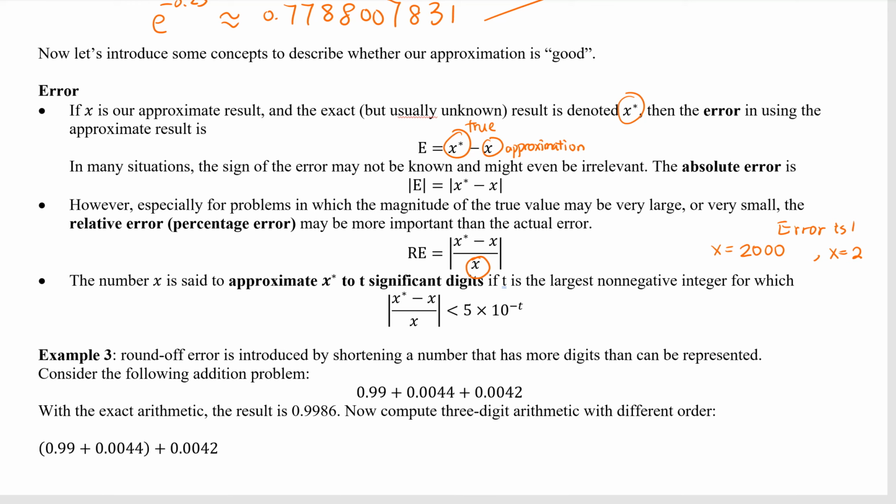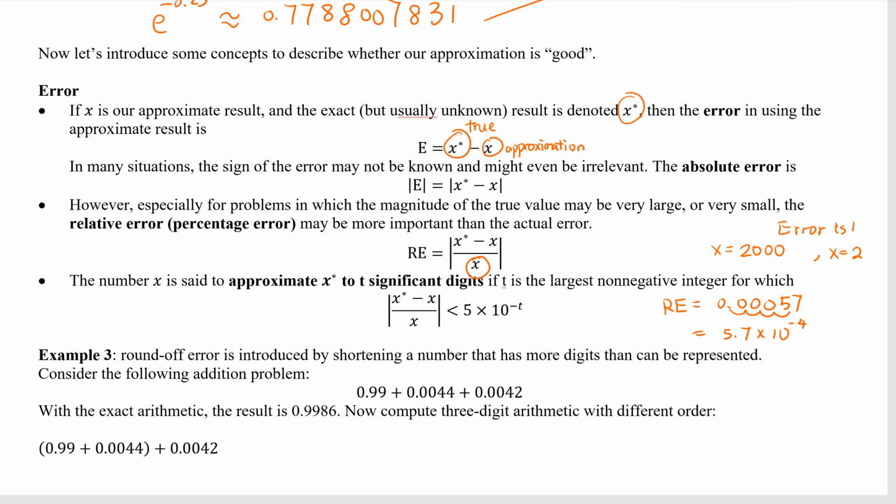Okay, what does that mean? Let's say the relative error equals 0.00057. Then this is 5.7 times 10 to the 1, 2, 3, 4, so minus 4.